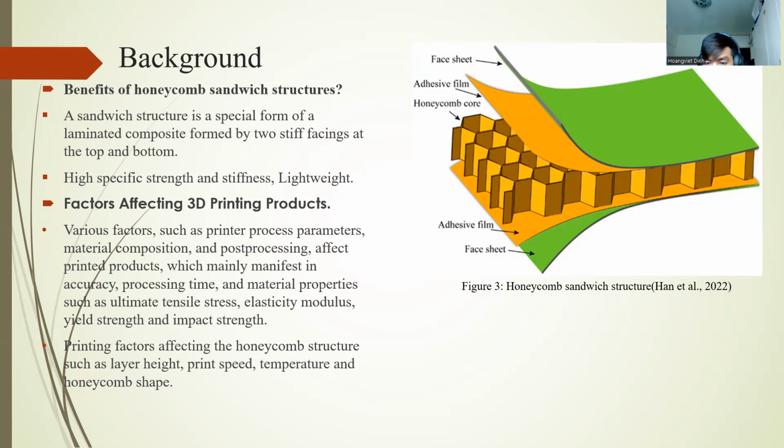A faster printing speed honeycomb structure may have a rougher surface and be quicker. The temperature of the printing bed and the nozzle can have an impact on print quality. The appropriate temperature will differ depending on the material being printed.